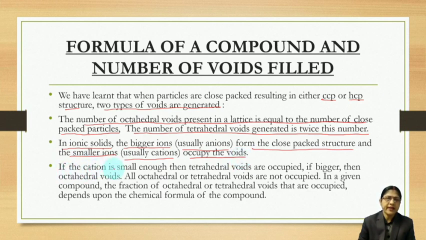If the cation is small enough, then tetrahedral voids are occupied, and if the cations are bigger, then octahedral voids are occupied. All the octahedral or tetrahedral voids are not occupied. In a given compound, the fraction of octahedral or tetrahedral voids that are occupied depends upon the chemical formula of the compound.